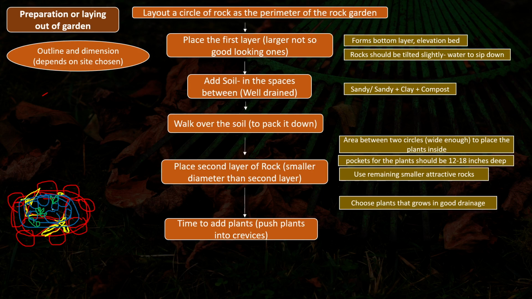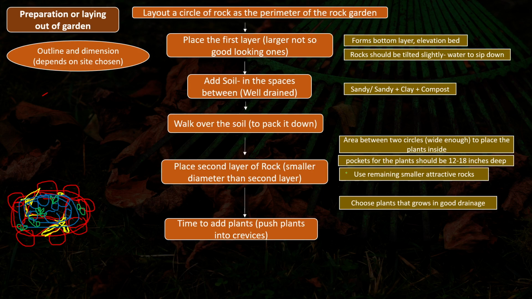So you have to use plants that require good drainage, and the area between two circles should be wide enough. That is, the area between this circle and this circle should be wide enough to place plants inside. You can also place your plants in this area where you have the space between two circles, right? You can place your plants in these crevices also.